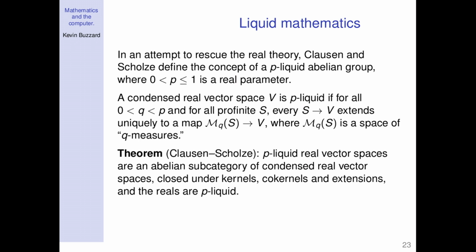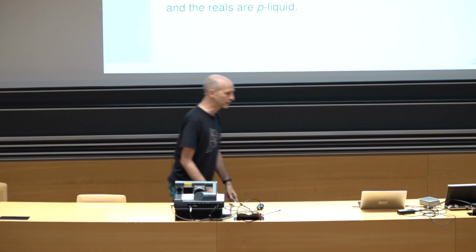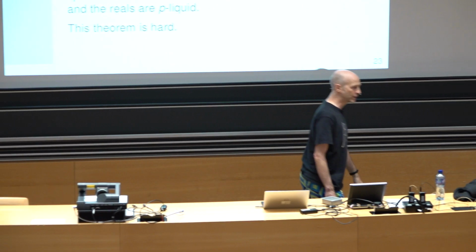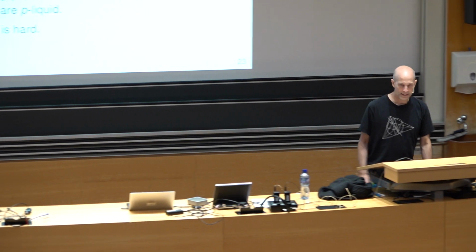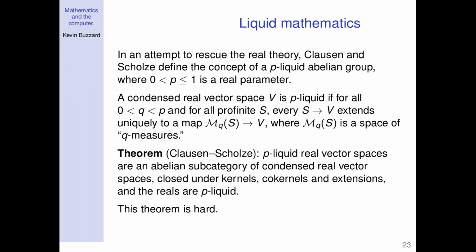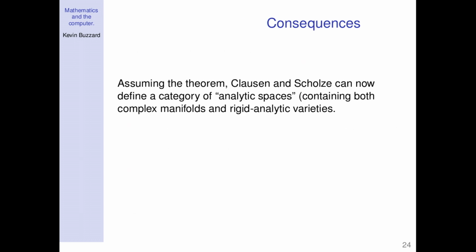And so this is the thing we want: the hope is that we'll be able to use algebraic techniques in geometry. But unfortunately, this theorem is really hard. This theorem is basically the main content of the second Scholze course from Bonn, analytic.pdf. So assuming this theorem, they do amazing things.